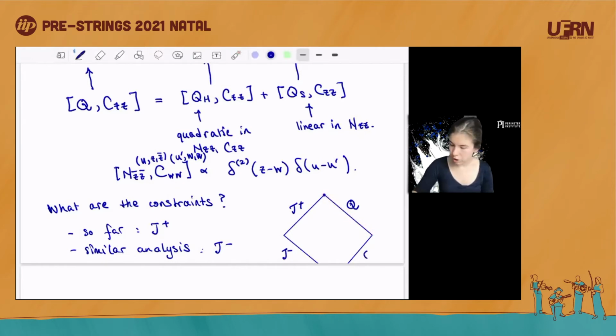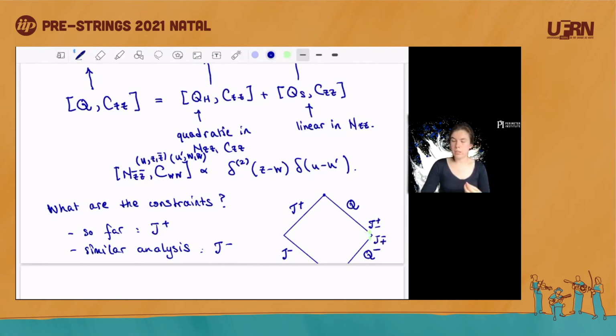There is another charge, let's call it Q minus to distinguish it from Q, which is defined on Scri minus. Equivalently, one can show that both of these can be written as just boundary terms, and they act at Scri plus minus and Scri minus plus respectively.